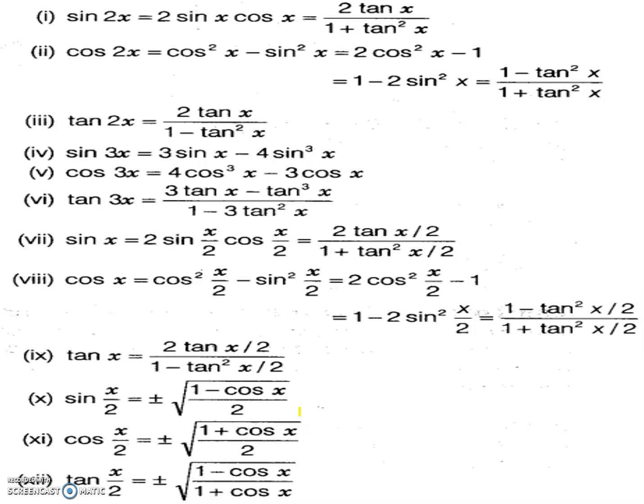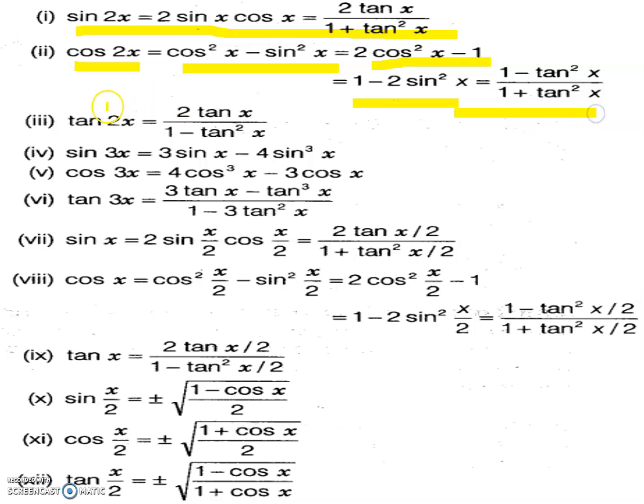Now, very important, we have to establish the formulas. Sin 2x is equal to 2 sin x cos x, which is 2 tan x upon 1 plus tan square x. Cos 2x has more formulas: cos square x minus sin square x, 2 cos square x minus 1, 1 minus 2 sin square x, and 1 minus tan square x upon 1 plus tan square x.